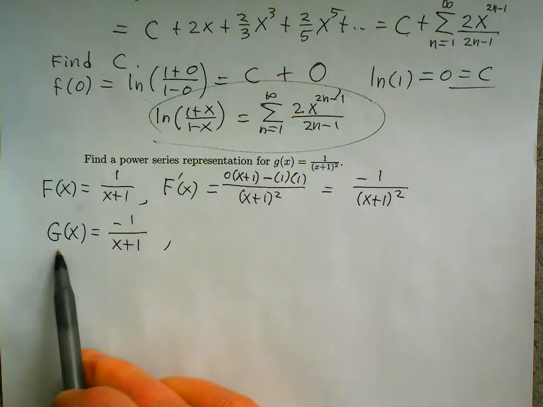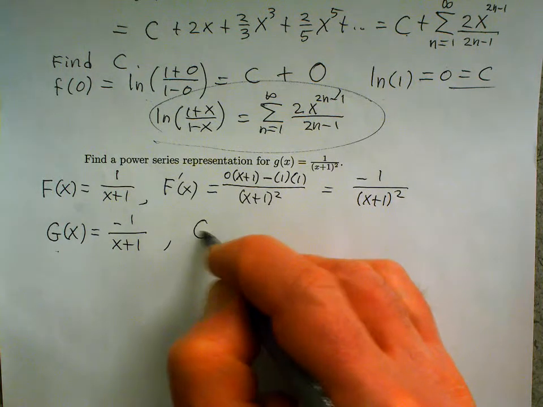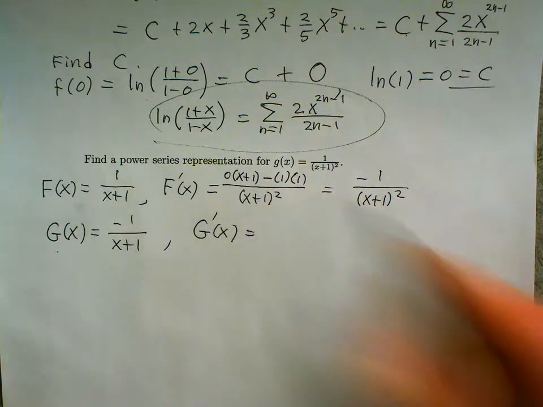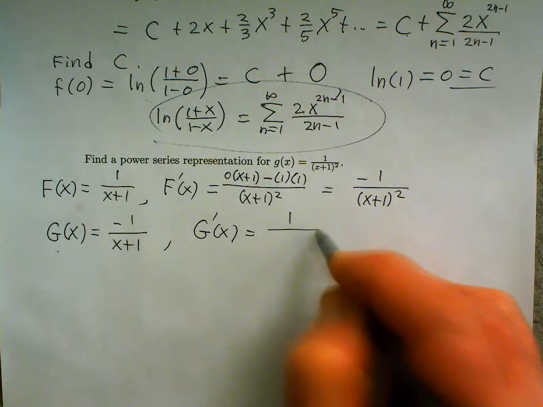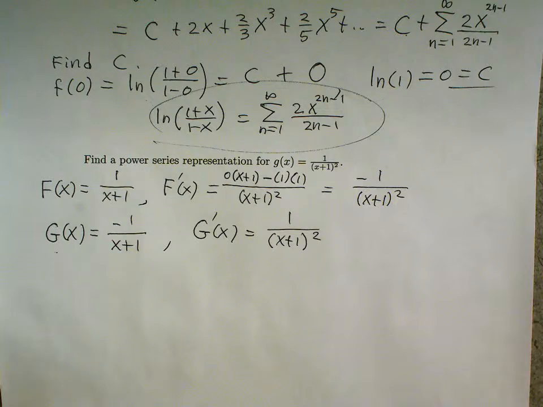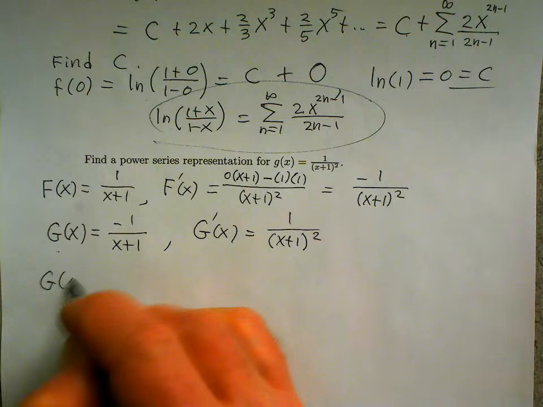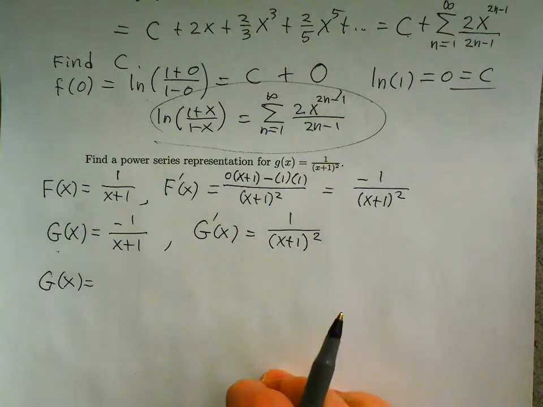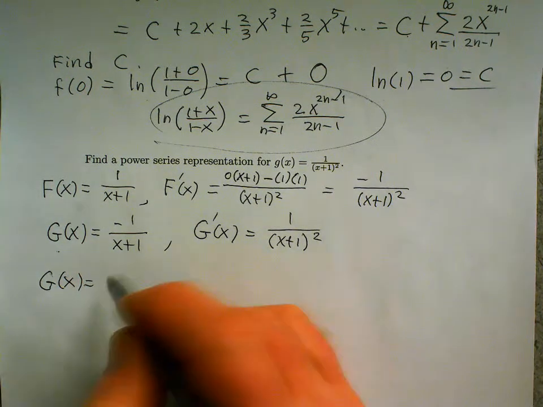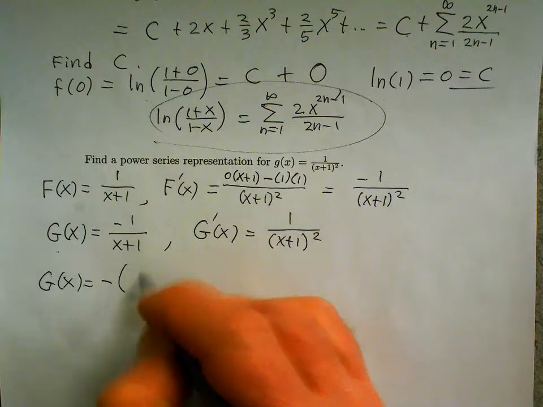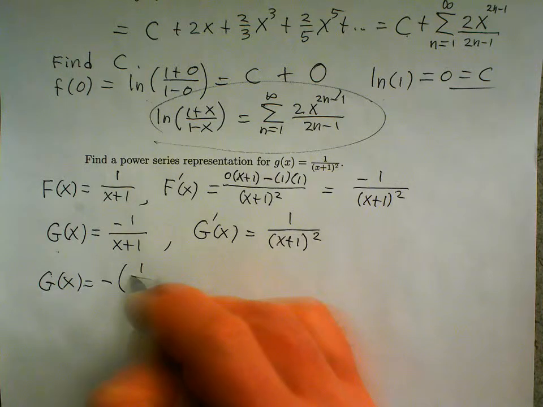And then when we compute the derivative of capital G, we get 1 over x plus 1 squared. So capital G of x is the negative of 1 over 1 plus x.